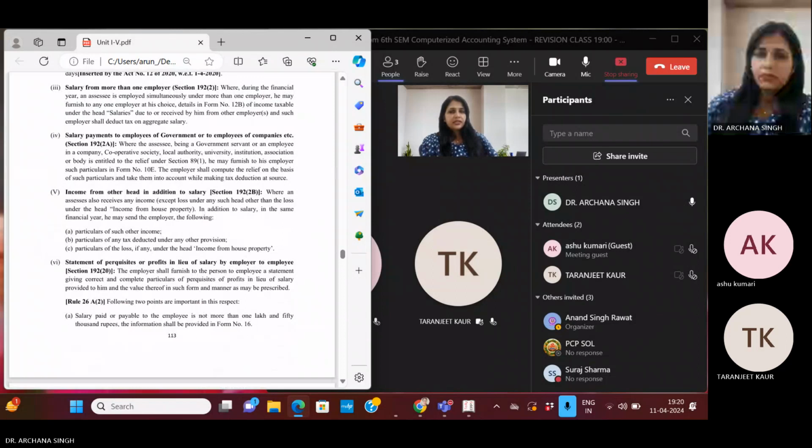Okay. Then next is statement of perquisites or profits in lieu of salary by employer to employee. It comes under section 192 subsection 2C.